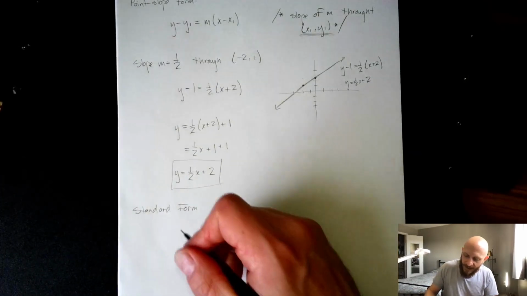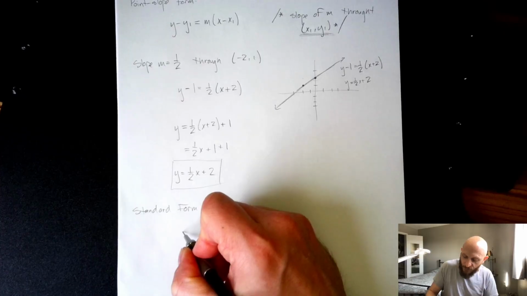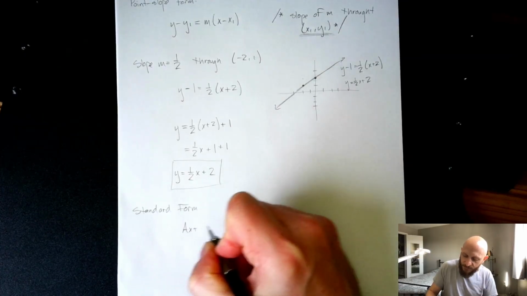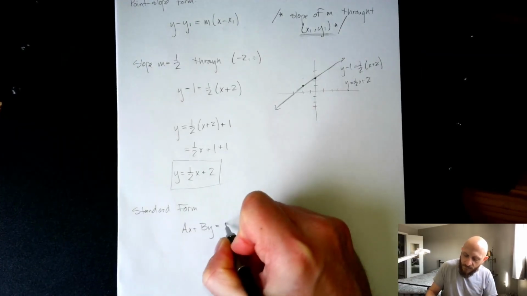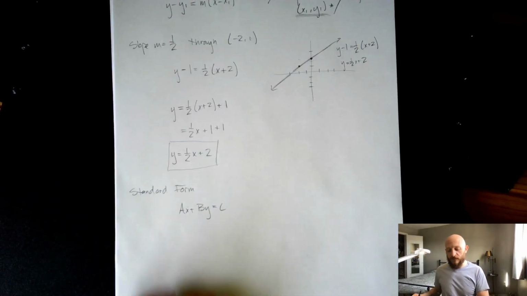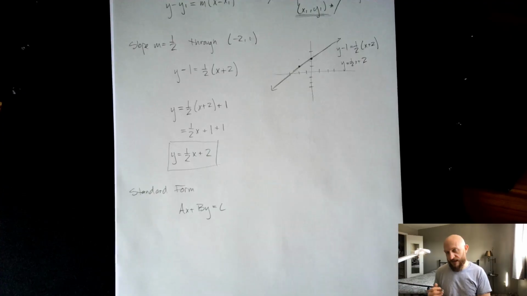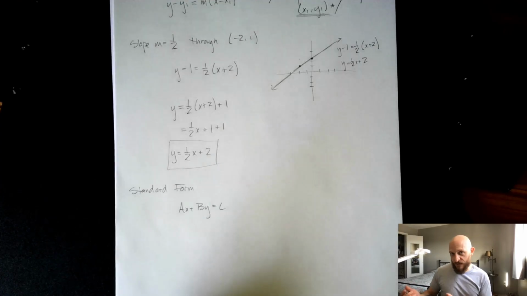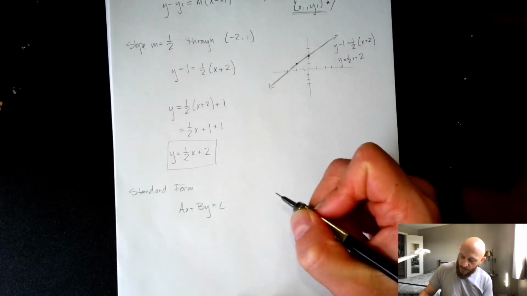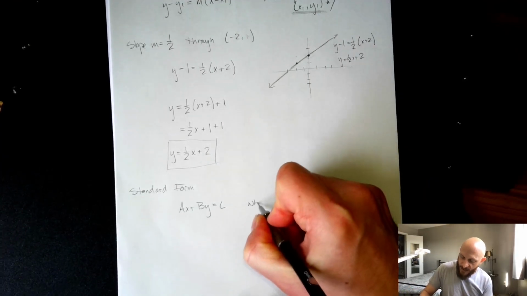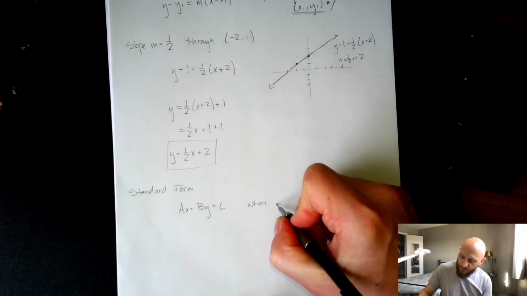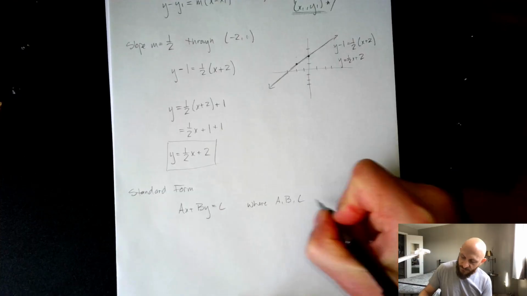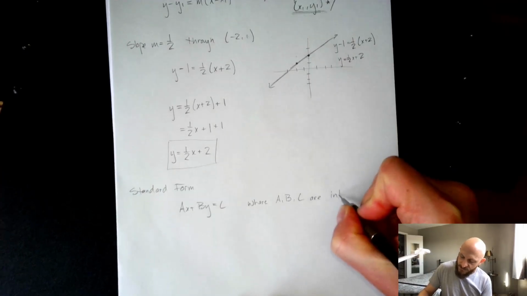Standard form does. And standard form of a linear equation is this: Ax plus By equals C. Specifically, it's written this way with the capital A, B, and C. Why are A, B, and C capital? Well, because proper standard form means that A, B, and C are integers.